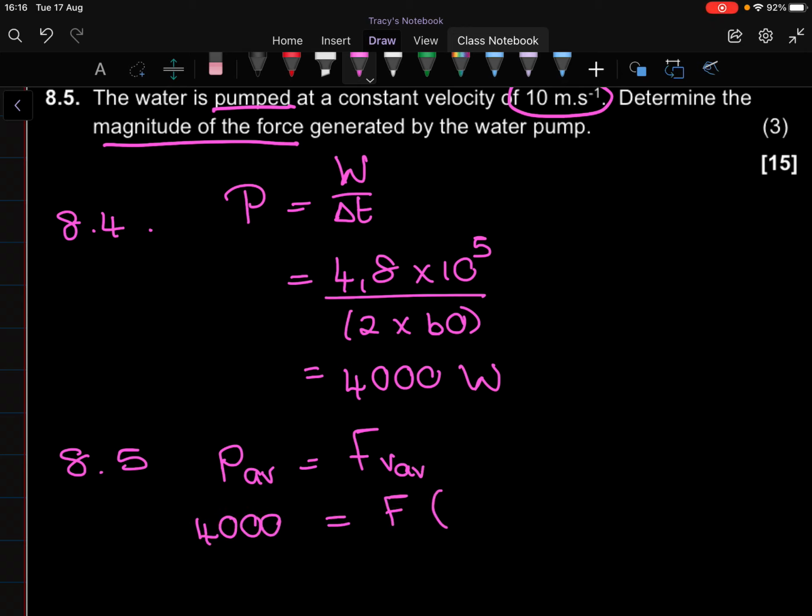We want force. Times 10. So the average force that's being applied is 400 newtons. Magnitude, I don't need a direction. Again, one step at a time. Don't panic when you do these.